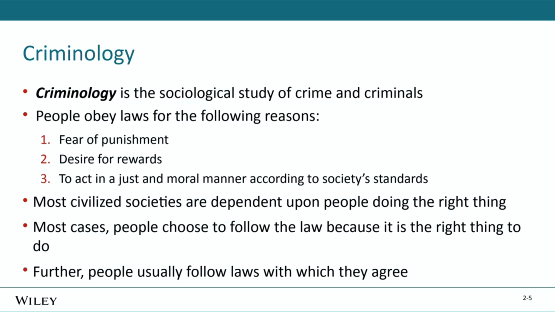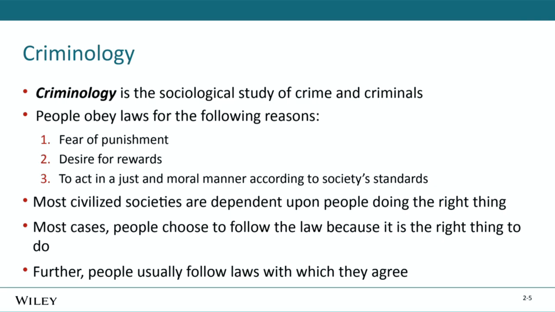And then there are those who obey the law because to act in a just and moral manner according to society's standards is a good thing. Most civilized societies are dependent upon people doing the right thing. Fortunately it's not a constant surveillance society, although it's getting more and more.